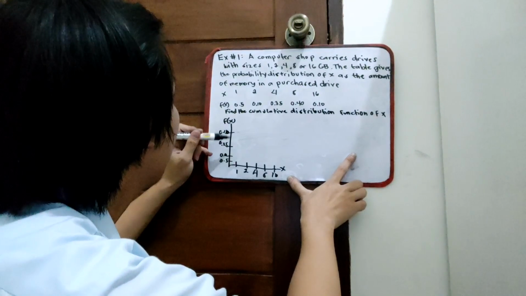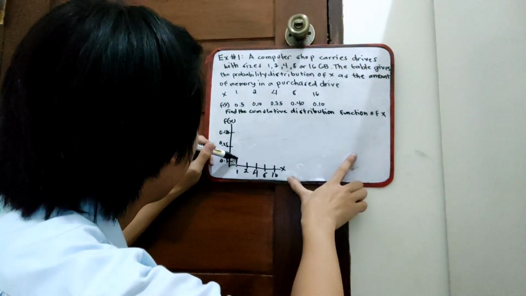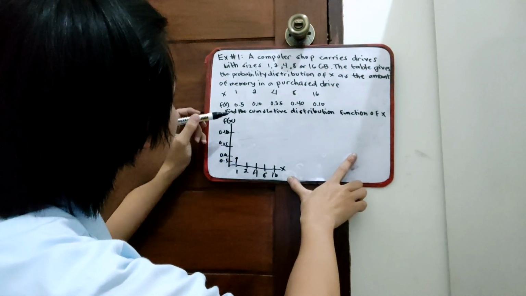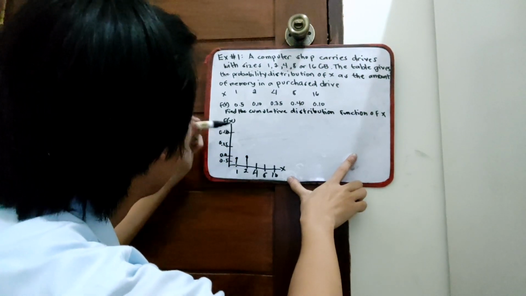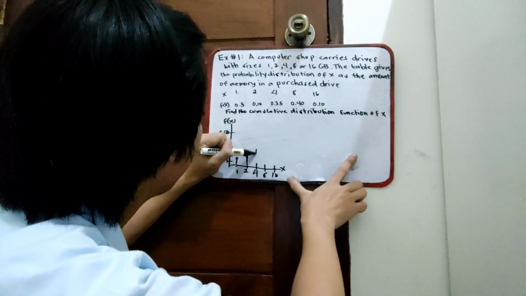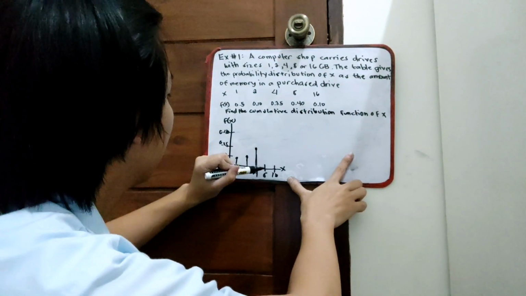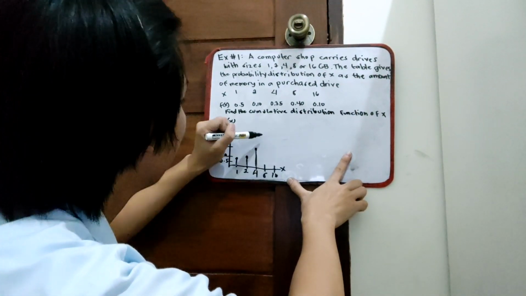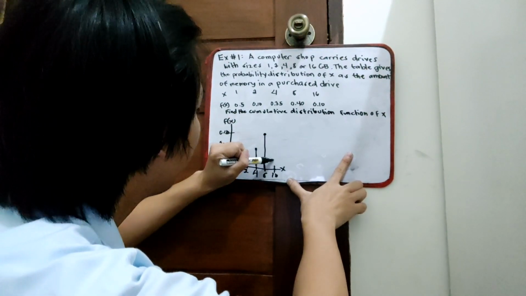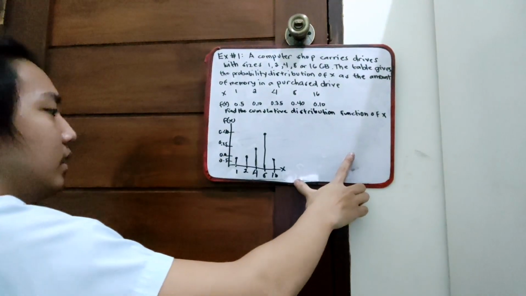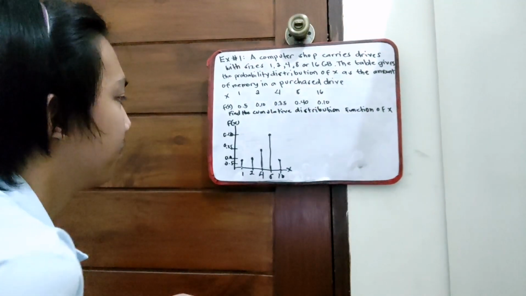First is 1 and 0.5. Second is 2 and 0.10. Third is 4 and 0.35. The fourth is 8 and 0.40, and the last is 16 and 0.10. This is the example of a line graph.